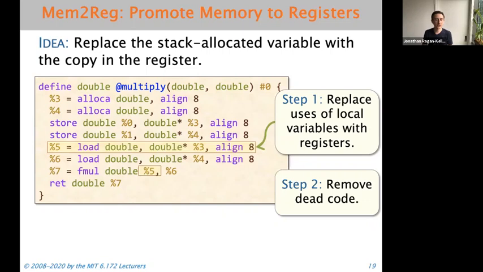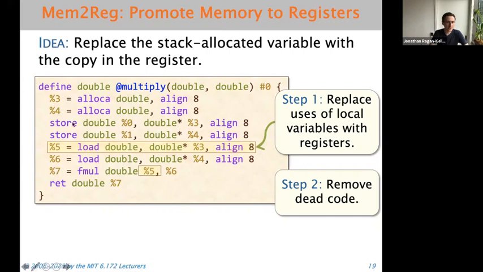The basic idea is to say anywhere we have local variables being loaded off the stack, check whether it's possible to trivially know what value was stored there and just use those values from registers instead of rereading them off the stack. So in this case, the first operand of our multiply is register 5, and we see that it's being loaded from the memory address stored in 3.